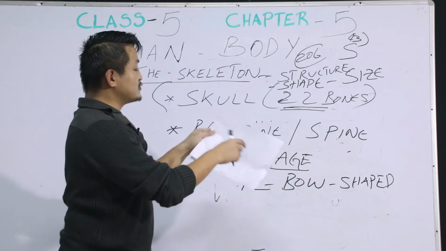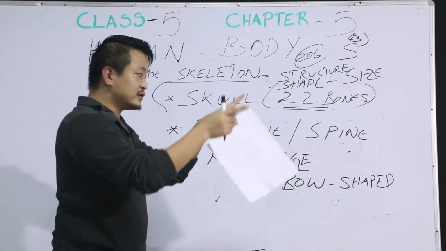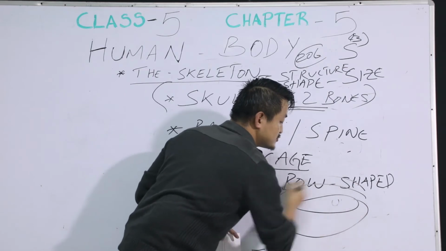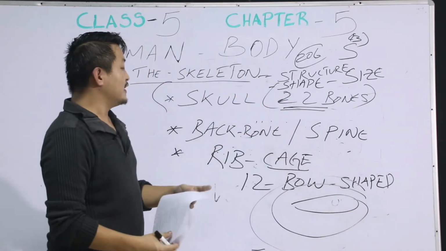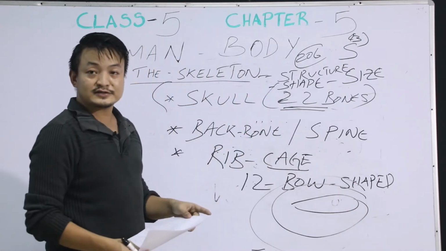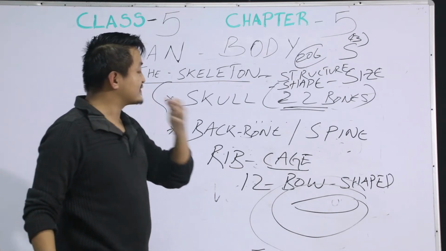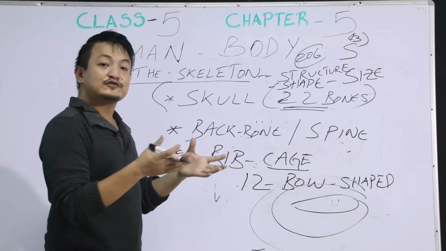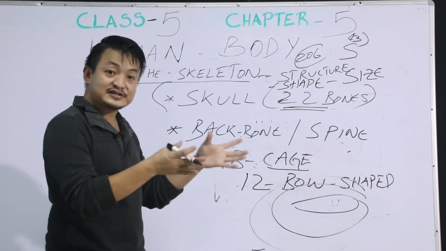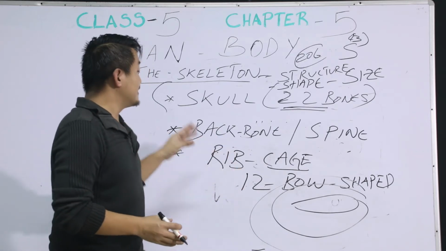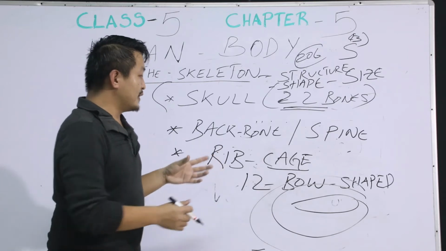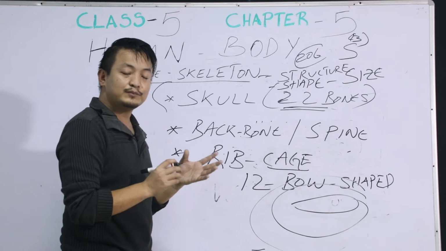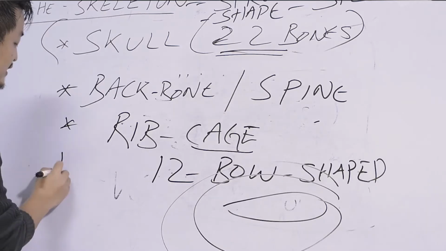Altogether, if you count, you'll have 12 bow-shaped ribs, like this, 1, 2, 3, so we'll have 12. Now, why is it known as a cage? A cage is something in a zoo where animals are caged, right? The same as this rib cage, they protect a very important organ. That is, they protect the heart.